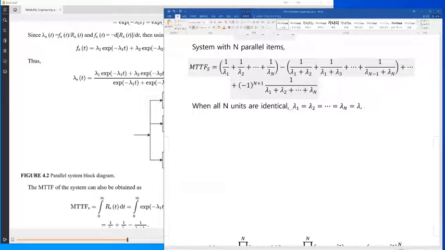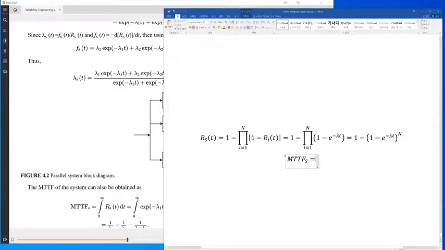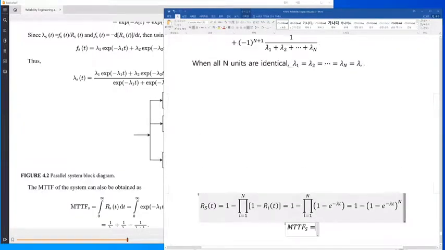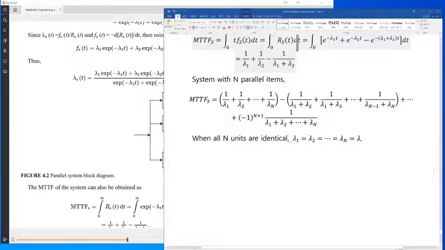But in that case, the procedure will be more complicated. So in this case, it is better for us to directly attempt to calculate the mean time to failure of the system.